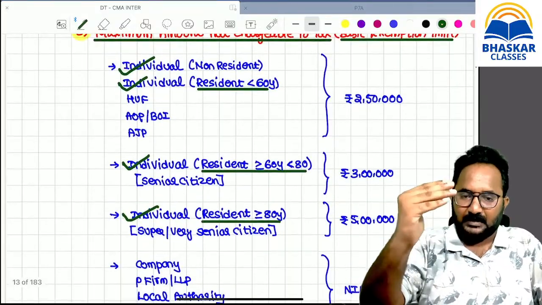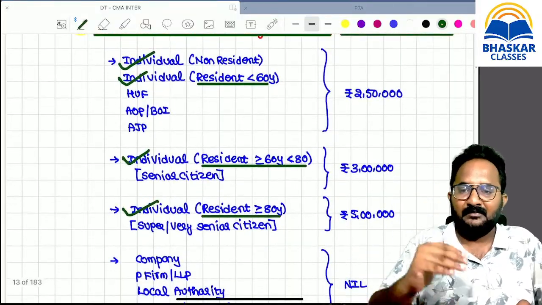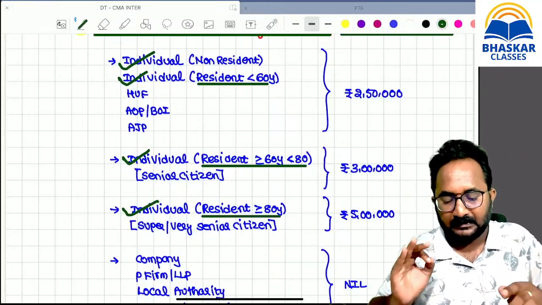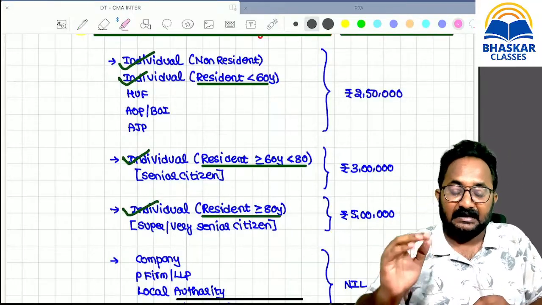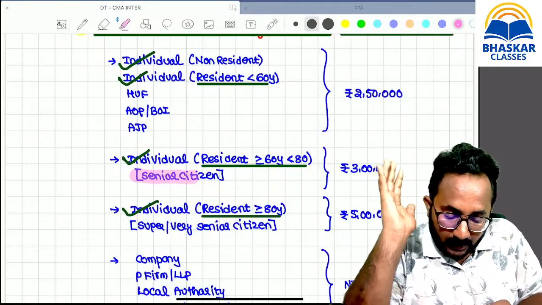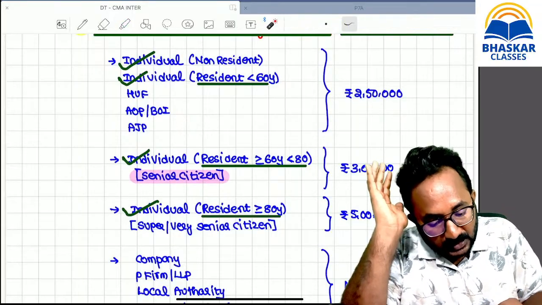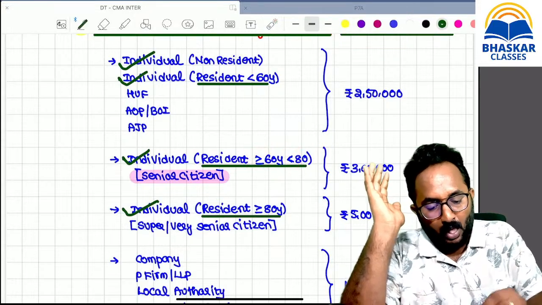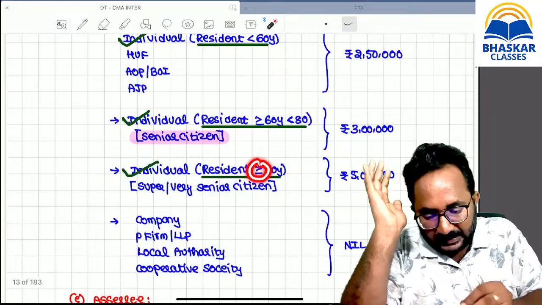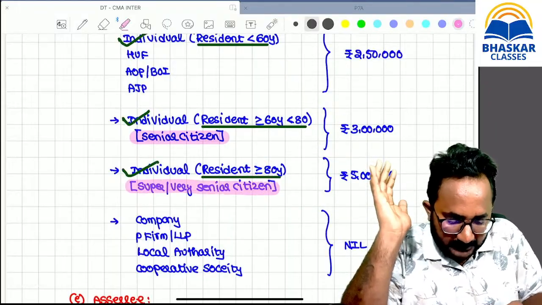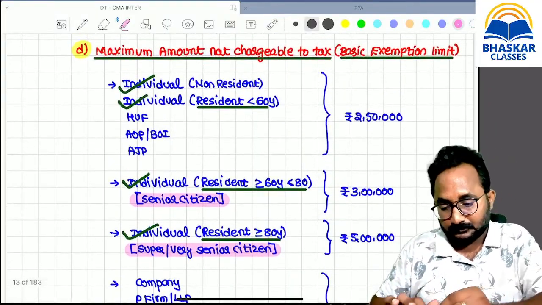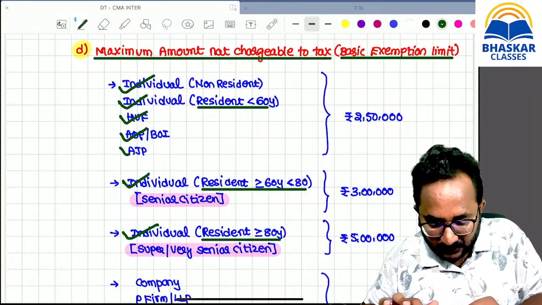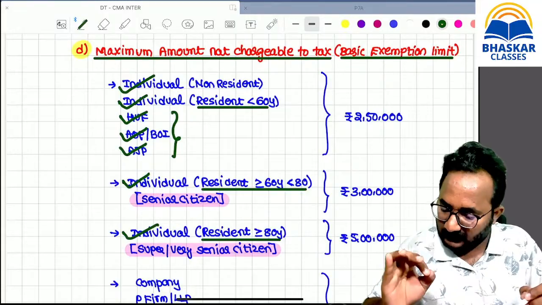That means individuals are categorized into three: non-resident, resident less than 60 years, and resident more than or equal to 60. Remember, more than or equal to 60 and less than 80 is a senior citizen. More than or equal to 80 is a very senior citizen or super senior citizen.